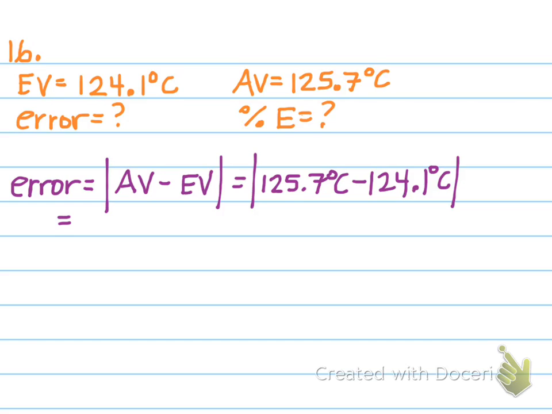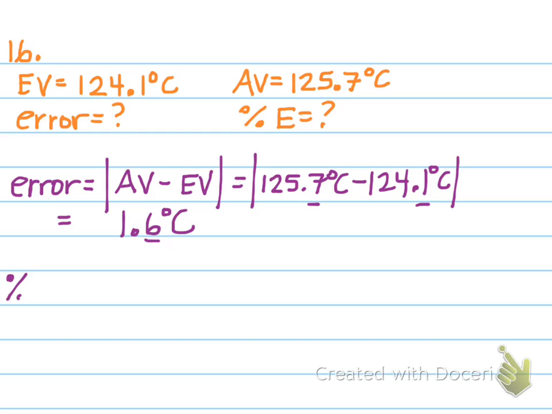So I do this, and I get 1.6 degrees Celsius. And this is right in terms of significant figures because when I add and subtract its position, my last significant digit is in the tenths and my last significant digit is in the tenths.